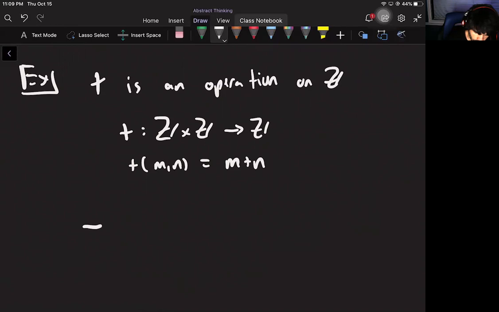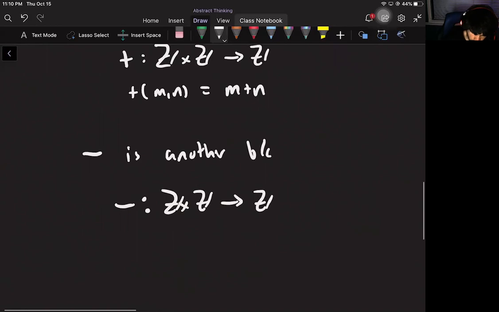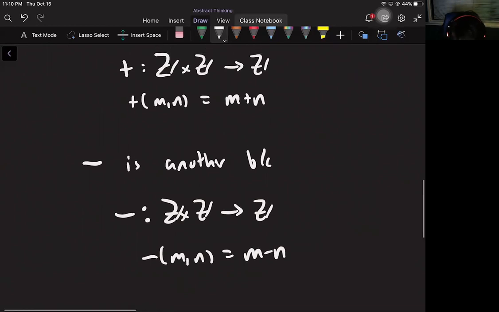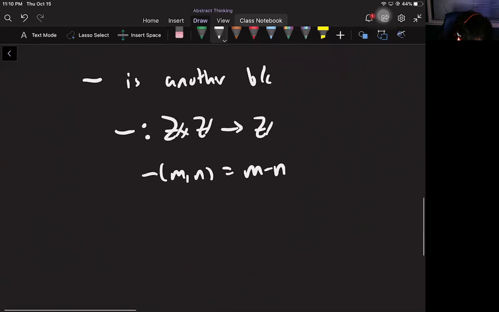So here's another one. Minus is another operation. You would write it like this: it takes integers as inputs and turns them into m minus n. So adding and subtracting are operations in this definition. However, if you change things ever so slightly, you break the definition.